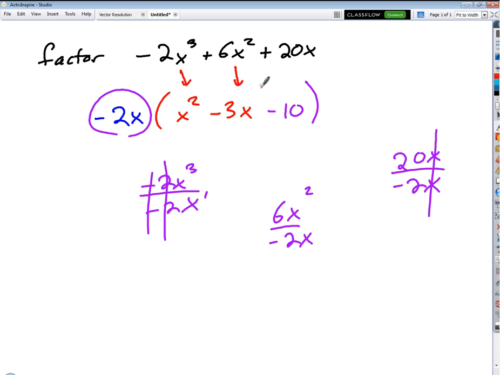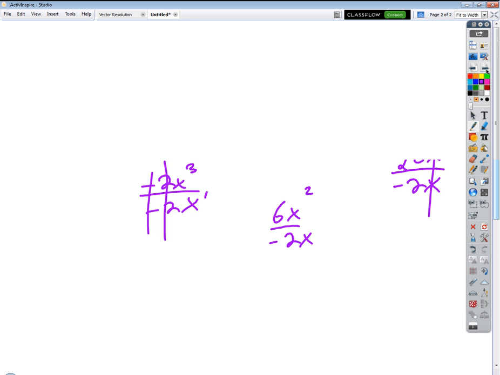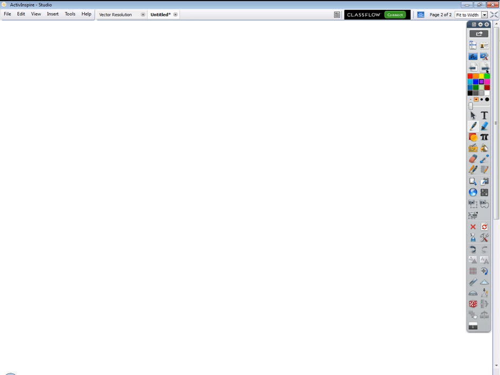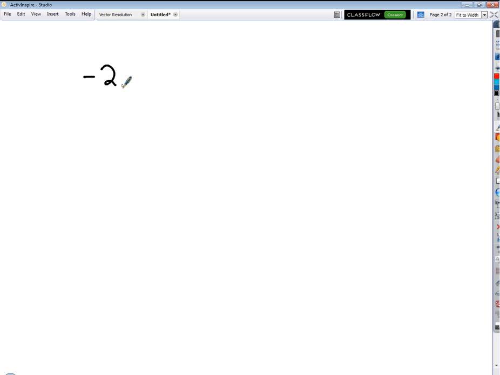Okay, what about this one then? What if you had, I don't think I gave you any like this, but I just want you to be prepared for it. What if you had something like negative 2x squared, gotta make one up here.